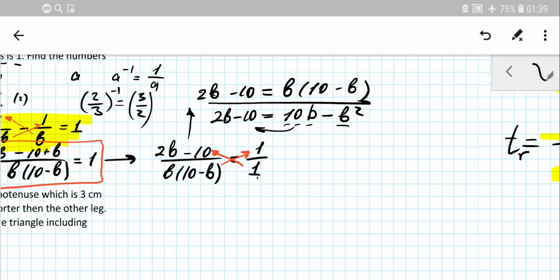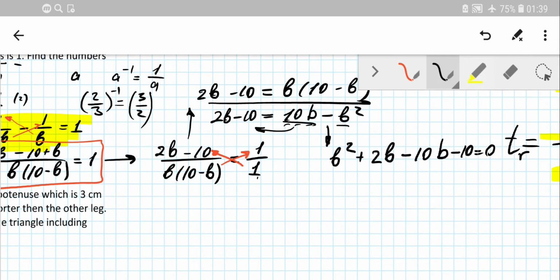Because I want a positive coefficient before the leading term. So I've got the following: b squared, then plus 2b, then I transferred 10b with negative sign minus 10b, and minus 10 equals to 0. So that's almost the last equation that we have, and we just simply make it easier and say minus 8b and minus 10. That will be a result in quadratic equations.